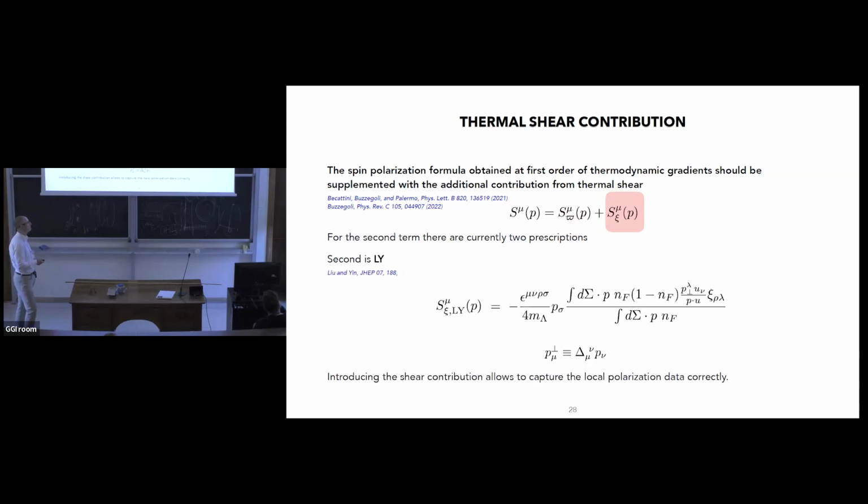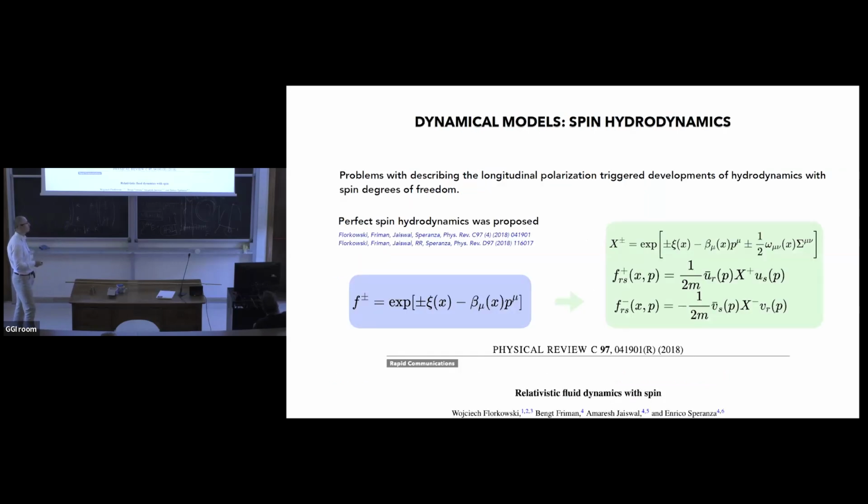Now the problem is that this extra part, related to the symmetric, the thermal shear part, has different forms depending on how you try to derive it from first principles, and this motivated the field to find different kinds of solutions to the problem of not capturing the experimentally observed effects properly.